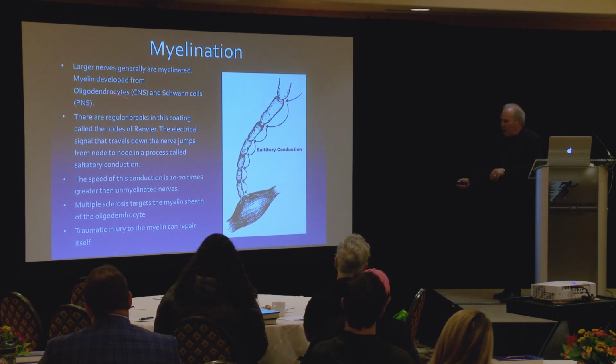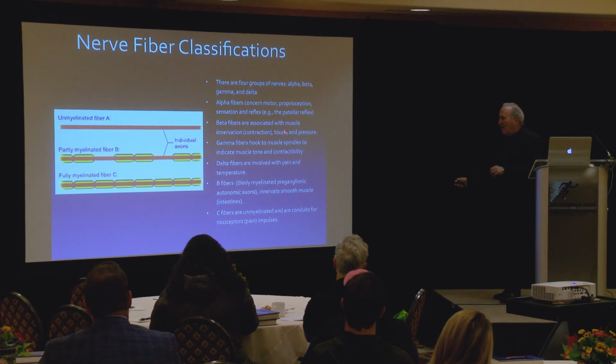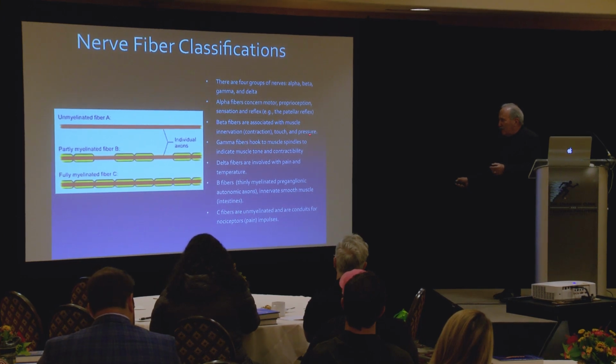But what's the weakness in this kind of thing? Well, if there is an injury to the cells that wrap the nerve, but no injury to the nerve itself, what happens? You get conduction block, even though the nerve is still there. So this is a little bit more than maybe we need. There's 4 groups of nerves. The alpha is motor, proprioception, sensory, and reflex. Betas are muscle innervation, touch, and pressure.